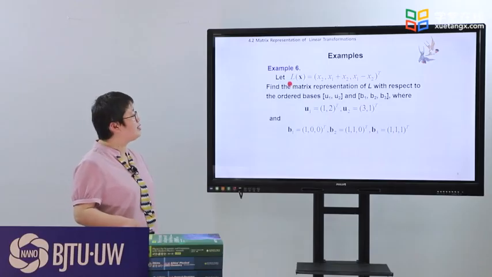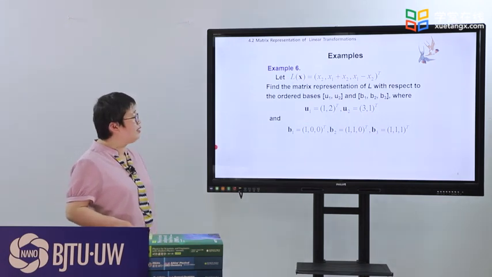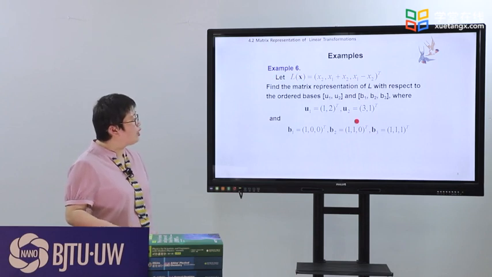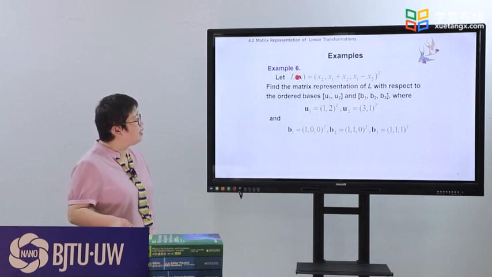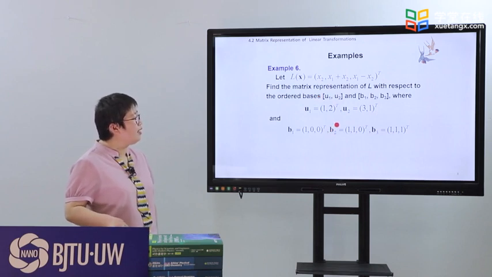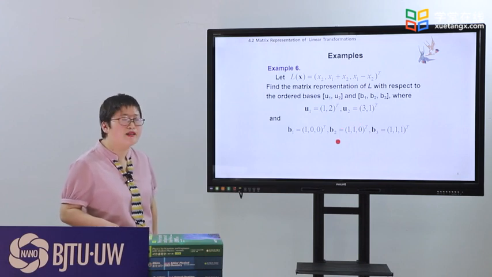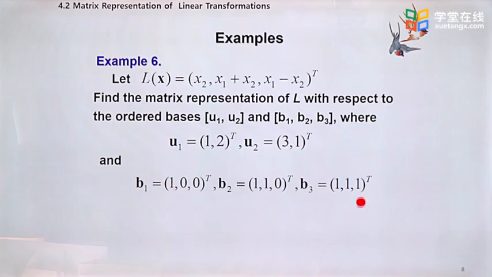So you will consider L(U1) and L(U2). Note that the vectors you obtain are in fact the coordinate vectors with respect to the standard basis, not the basis B1, B2, B3 given here. You need to transform these coordinate vectors to this basis.